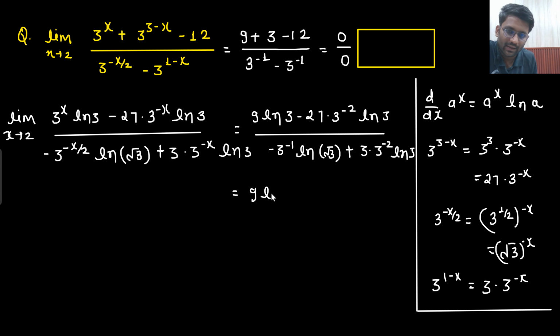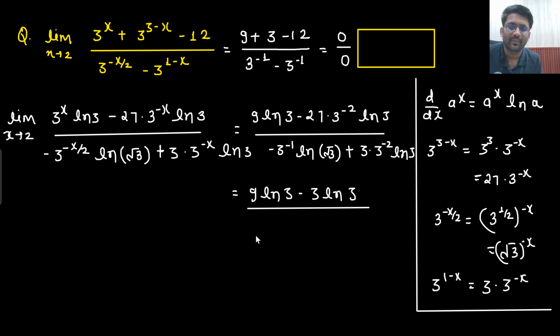So what we are getting, 9 ln 3 minus 3 ln 3, because this will become 3 to the power 2, that will become 9. So 27 divided by 9, that will be 3 ln 3, divided by ln under root 3 it is.